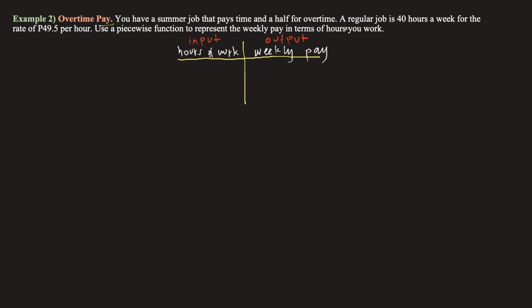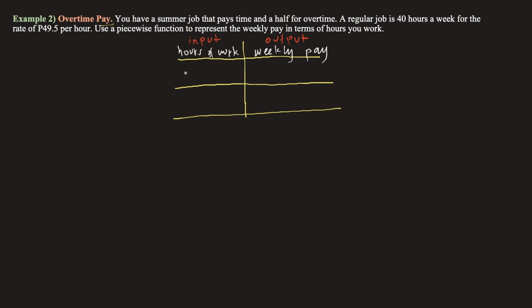If you noticed, in this problem, there will be two conditions that need to be met. And these conditions will be written in each of these rows in our table.